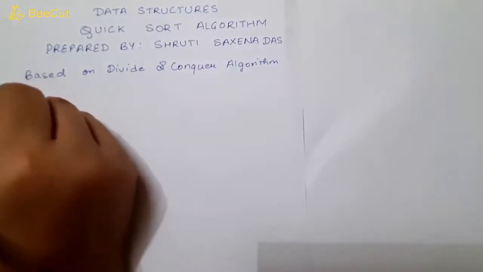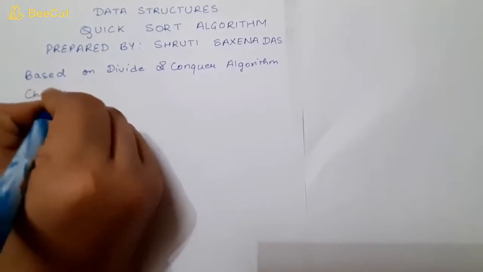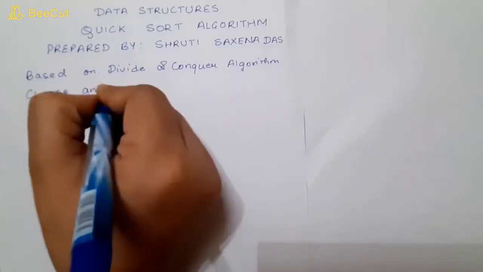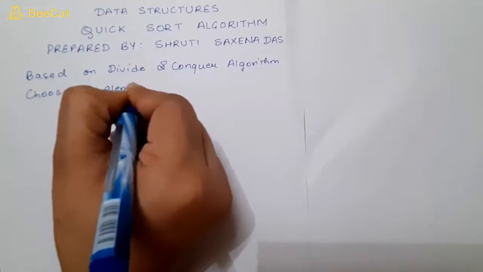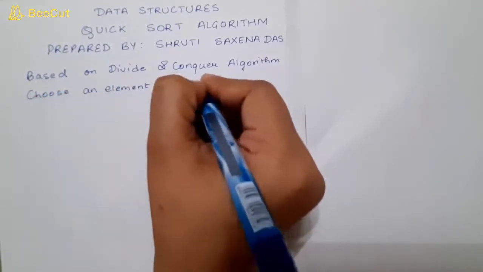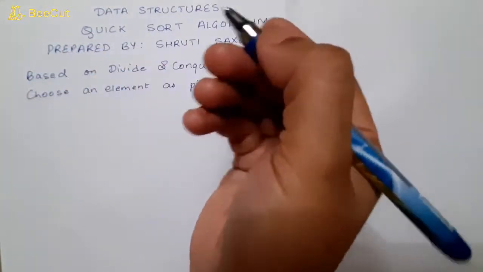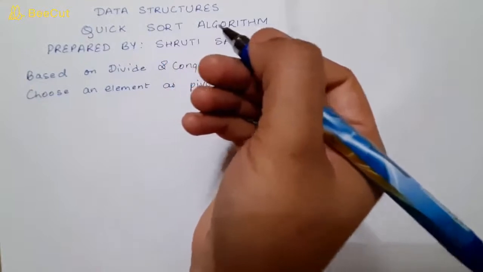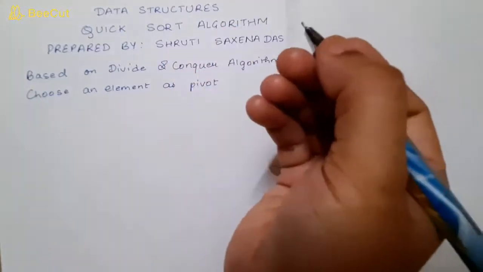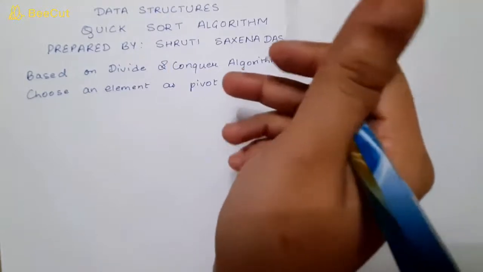The first thing is that you need to choose an element as the pivot element. The pivot element will be one element present in the array. You can take any element, like the first element, the last element, or a median element, and we call it the pivot element because on the basis of this element we are going to perform partitioning.